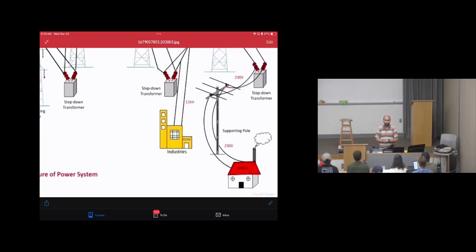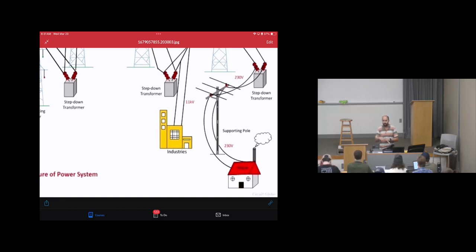So we cannot guarantee your home, which is connected in phase A, has the same load consumption as your neighbor's home on B or your other neighbor's home on C, right? So we cannot guarantee the system will be balanced. Even though we try our best to balance the load, we cannot guarantee 100% balance. So it will be slightly unbalanced.